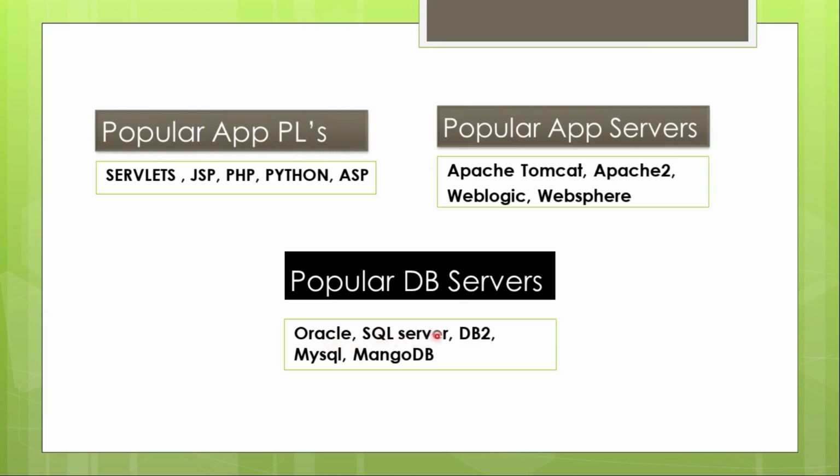Microsoft's SQL Server and IBM's DB2 are very popular commercial database servers. But as part of our tutorial, I'll be using MySQL, which is free, open source and a very powerful RDBMS database server. We also have another option called MongoDB, which supports NoSQL as well. Right.